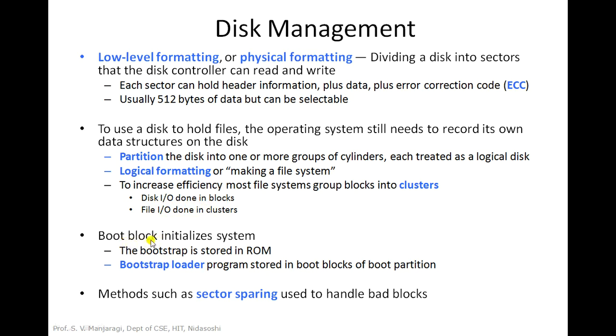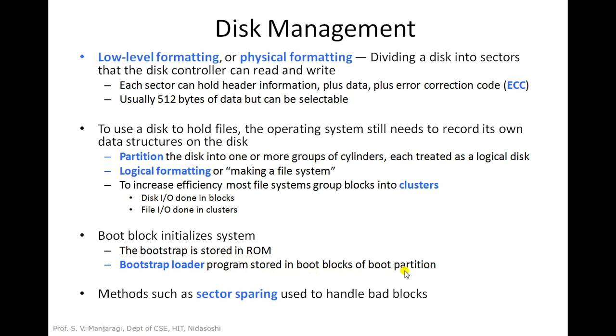A boot block initializes the system. We know that there is a program called the Bootstrap program, which is stored in ROM. The job of the Bootstrap program is to load and execute the operating system program, and the Bootstrap loader program will be stored in the boot blocks of the boot partition.